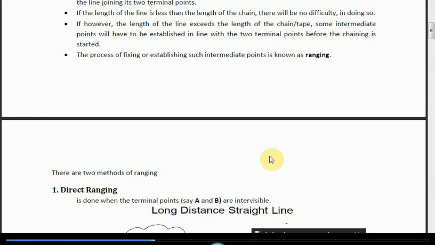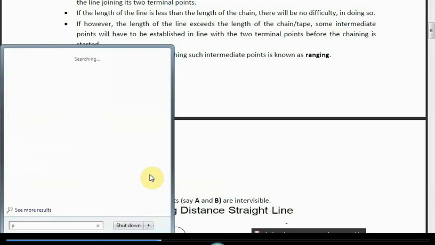However, if the length of the line exceeds the length of the chain, some intermediate points will have to be established in line with the two terminal points before the chaining is started. Now this process of fixing or establishing such intermediate points is known as ranging. Ranging is very important in surveying. In surveying we are always establishing lines.